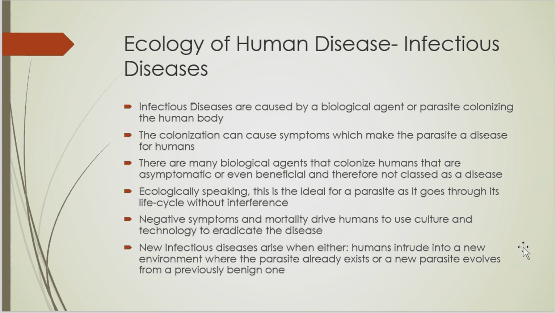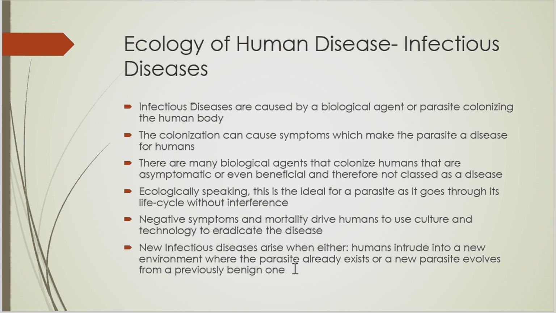Okay. New infectious diseases do arise quite often where humans intrude into a new environment where the parasite already exists. Quite often it already exists in a host where the host is adapted to it, so the host does not get any bad effects from that parasite, or a new parasite evolves from a previously benign one.